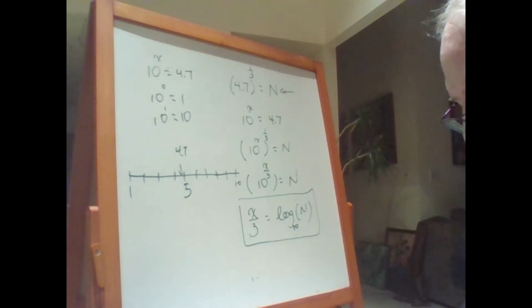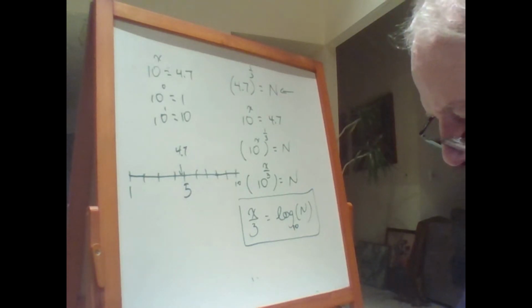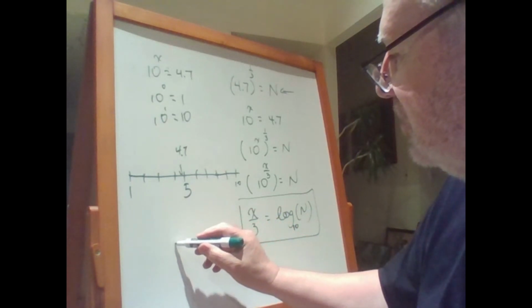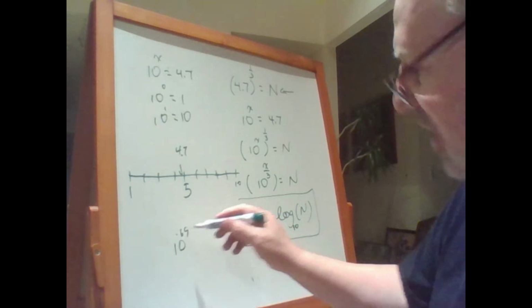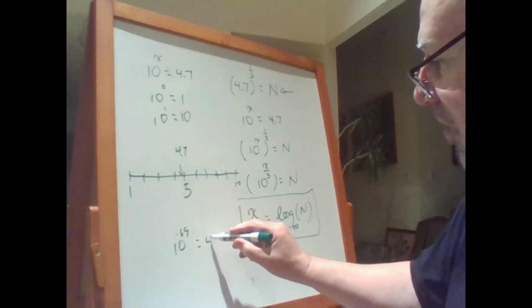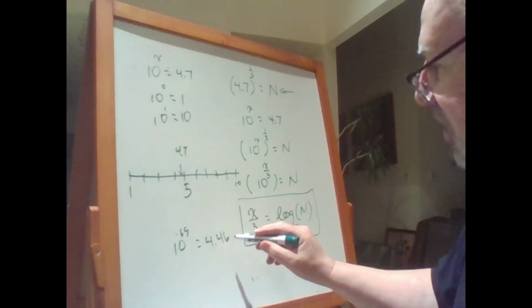10 raised to the 0.75 equals 5.6. That's too big. 10 raised to the 0.7 is 5. So try 10 to the 0.65, and let's give that a shot. 10 raised to the 0.65 equals 4.467.